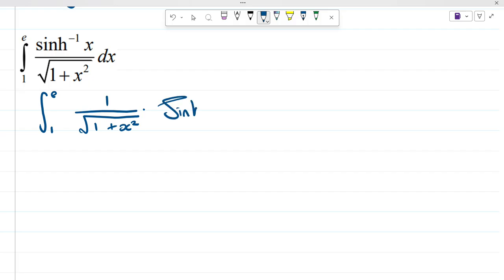Multiplied by sine inverse of x dx. So what's happening here is that I hope you all can see that this thing and this thing that I wrote here is the same thing. I just took out sine inverse from the numerator and I put it on the side there. I hope that makes sense to you as well, right?